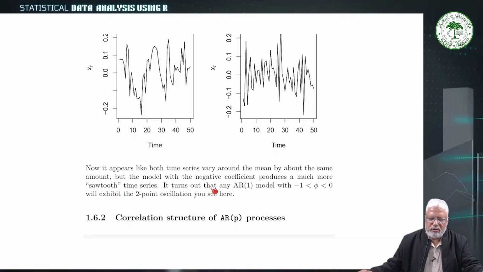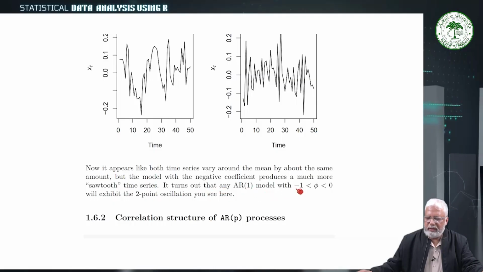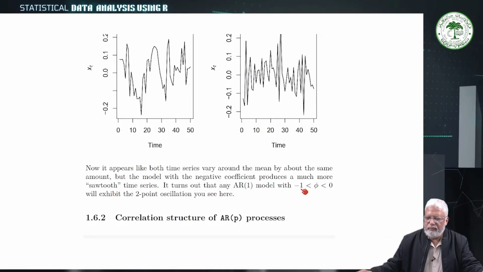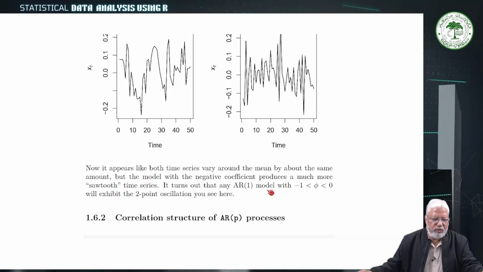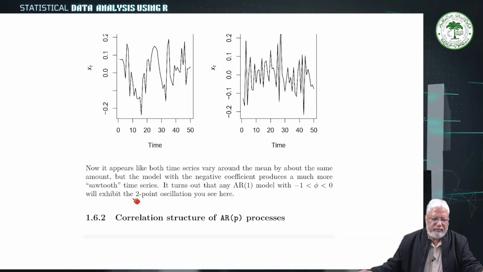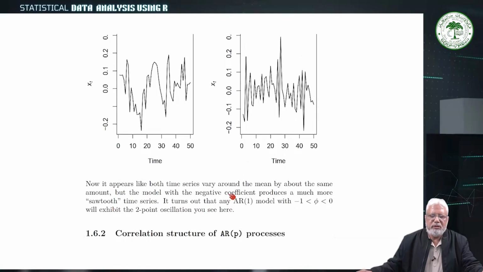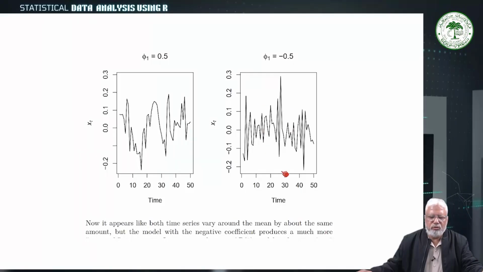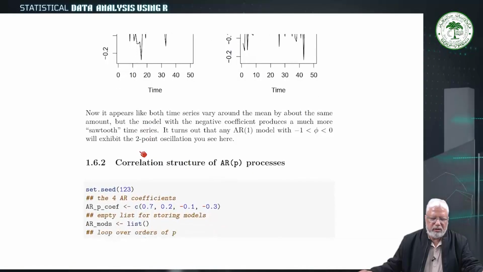It turns out that any AR(1) model with minus 1 less than phi less than 0, that is negative values, will exhibit the two-point oscillations you see here. It looks like this, whereas with positive values it looks like this.